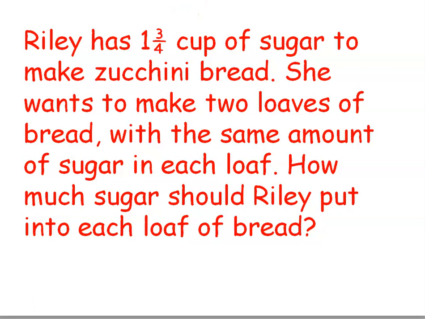All right, so I'm going to read it again. There's a lot of important information there. Riley has 1 3/4 cup of sugar to make zucchini bread. She wants to make 2 loaves of bread with the same amount of sugar in each loaf.